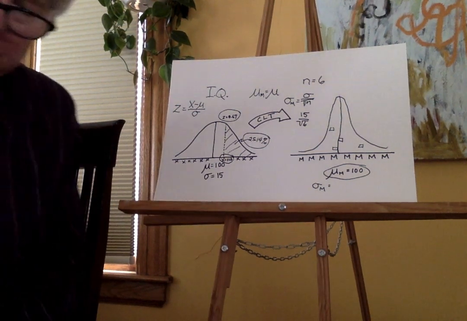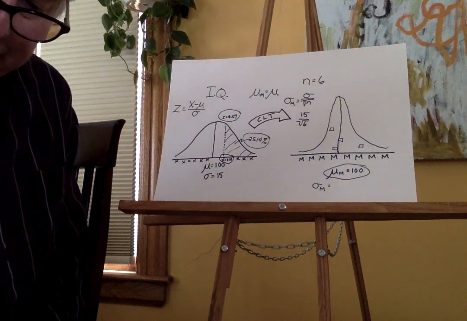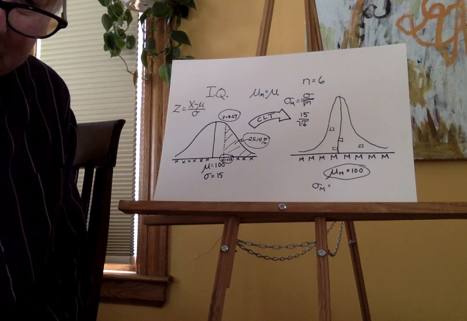So, square root of 6 is 2.45. So 15 divided by 2.45.